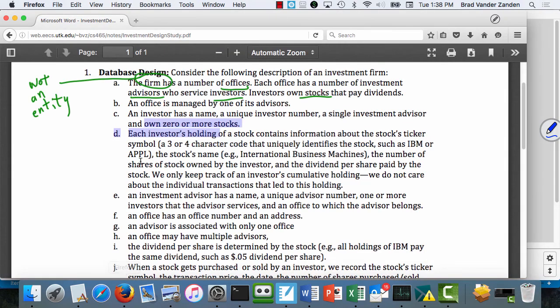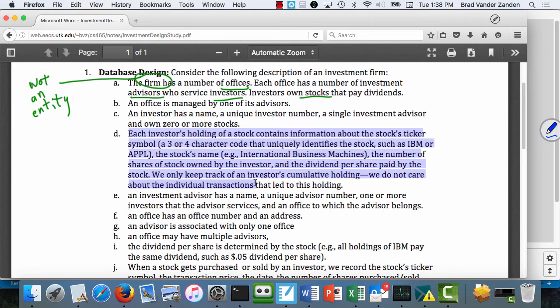Then, so D is just expanding on C. So it's saying what the things are in that relationship.